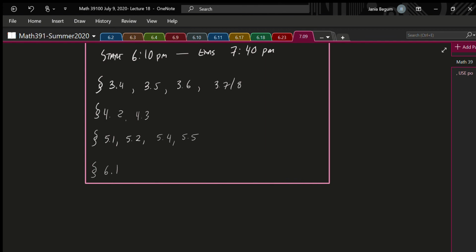So I'm not sure how to put an extra credit question on Blackboard because the questions will come up in a random order, right? So let me think about how I would do that. But don't do the extra credit if you don't finish the test. That's the point, okay? If you do the extra credit, you're probably not going to have enough time to finish the actual test. So if you finish the test early, then I will put an extra credit question.